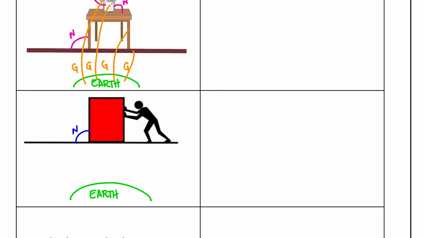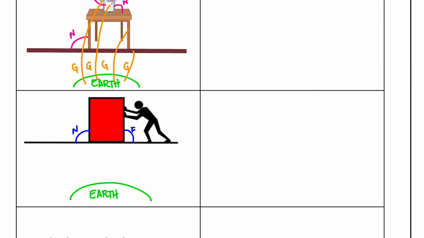But the interesting part here is that because the box is moving, there's some sort of sliding interaction. It's not static, it's dynamic. There's movement. So the box is sliding across the floor. And so we will say that there is a friction interaction or friction force between the box and the floor.